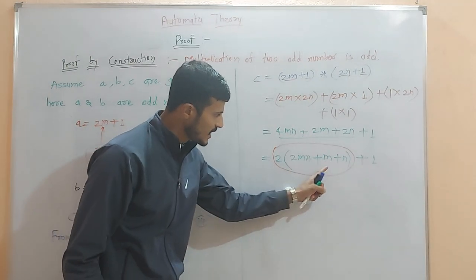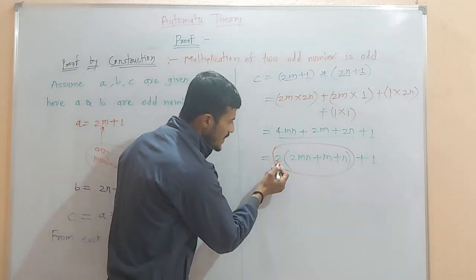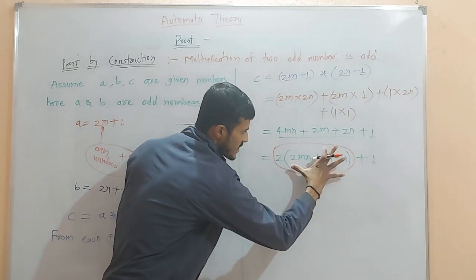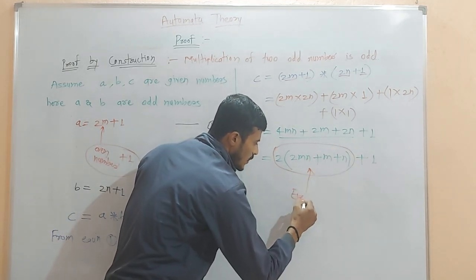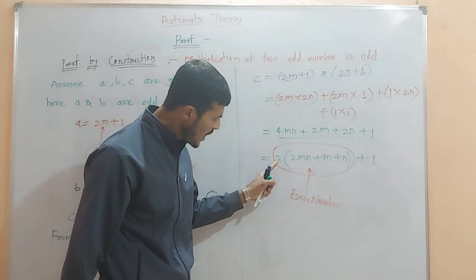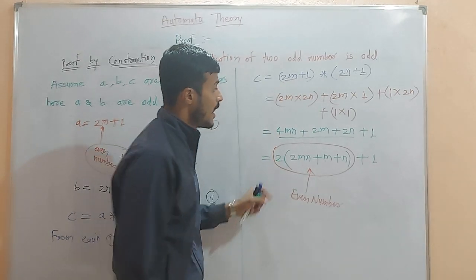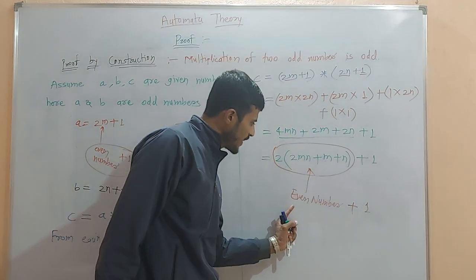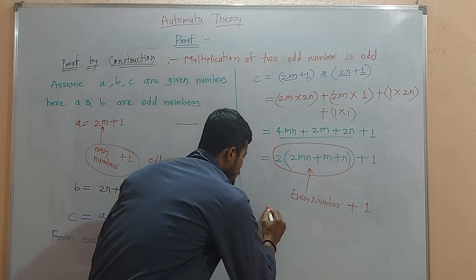In the first part, 2 is the multiplier, so clearly this number is an even number. Because 2 is the multiplier, plus 1. So even number plus 1, it means what?